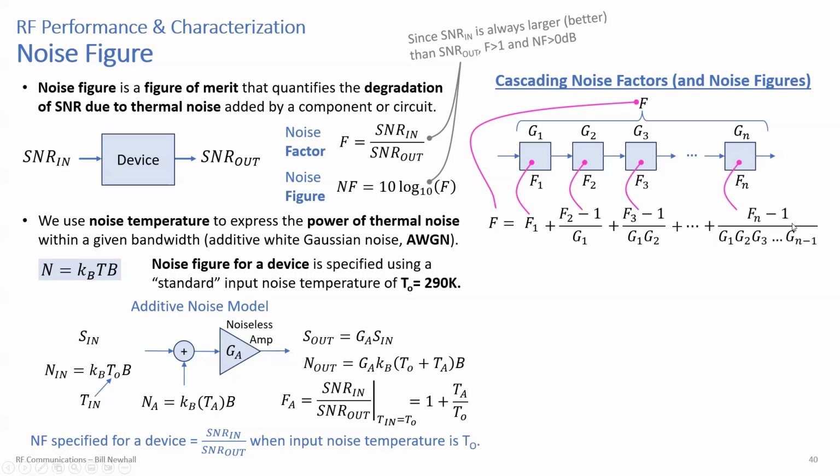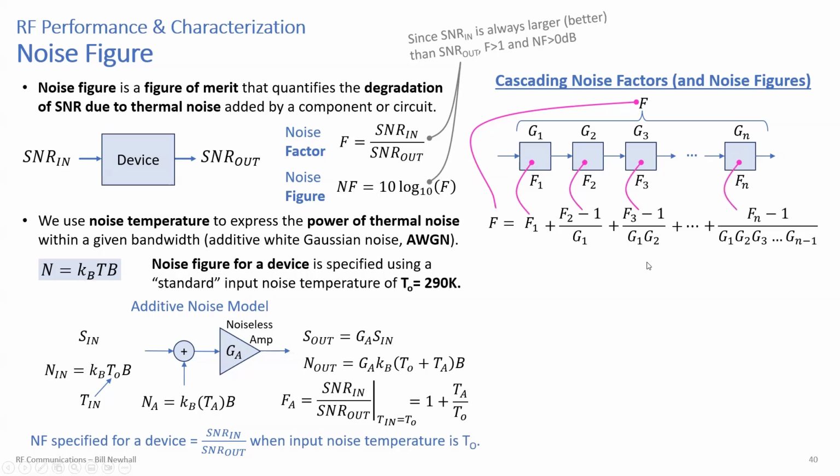You can see the pattern here. Okay, so this equation is derived if you look back at the definition of noise factor and you actually combine noise temperatures and see what happens to the noise temperatures with the gains as you go through this system.